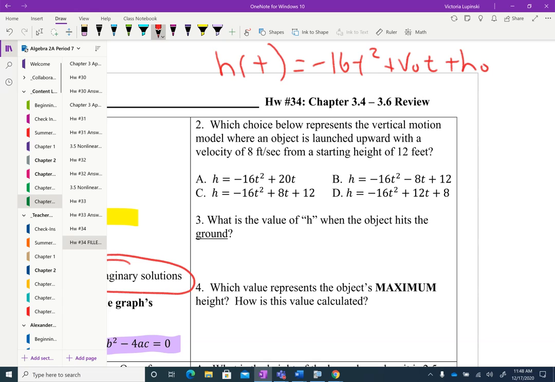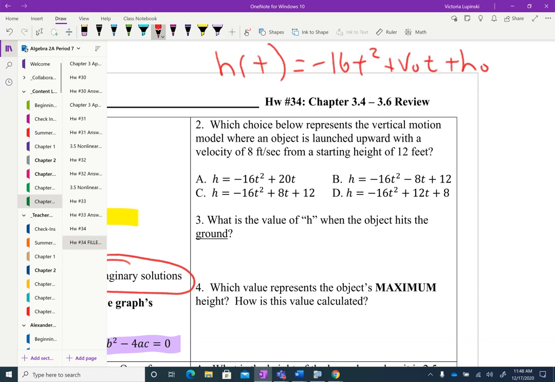Remember that the negative 16t squared is because of gravity, and that doesn't change as long as it's in feet. V sub 0, that's the starting velocity, either positive if it's going up, negative if it's going down, or 0 if you're dropping it. And then h sub 0 is the starting height.